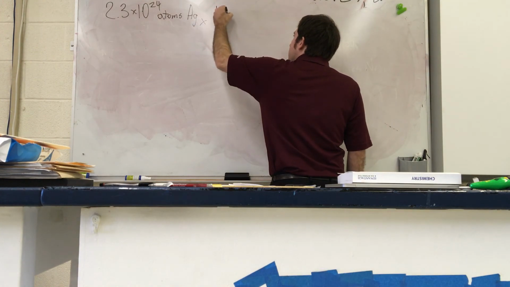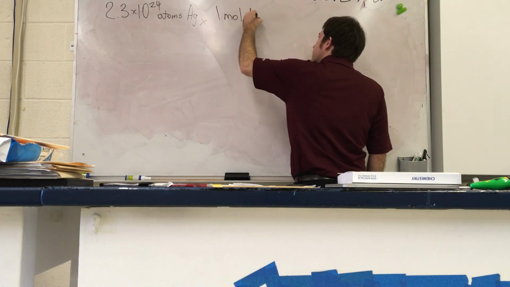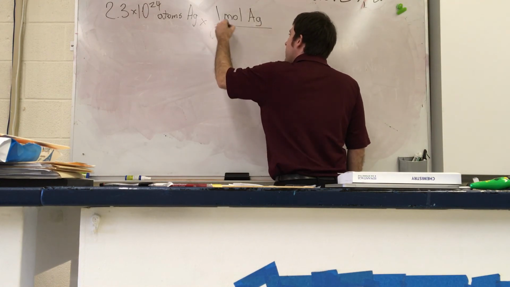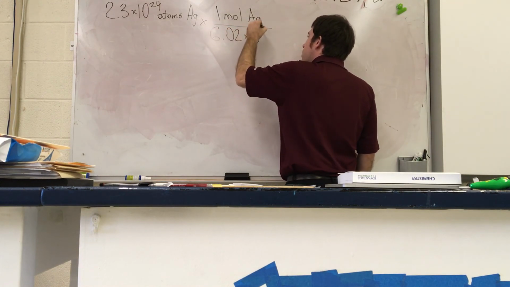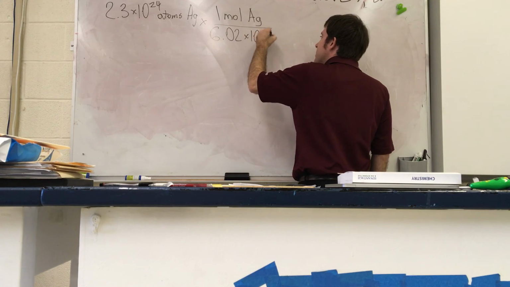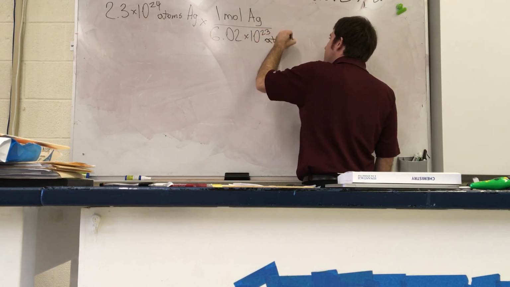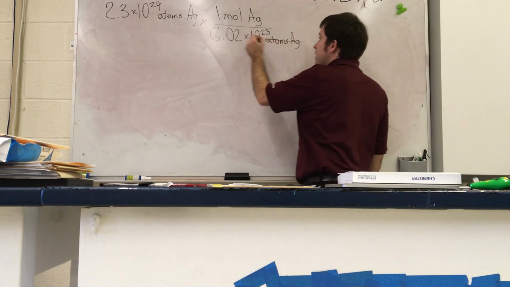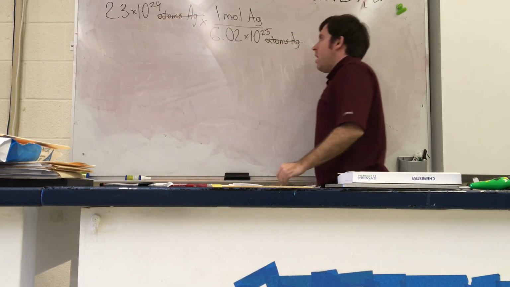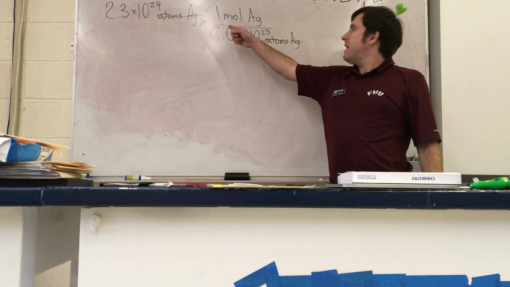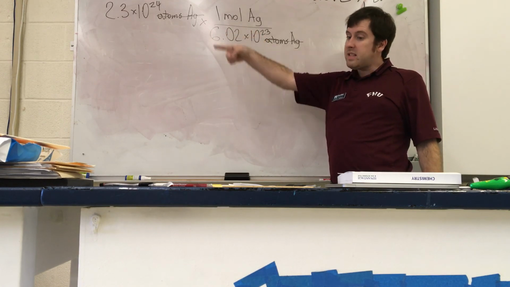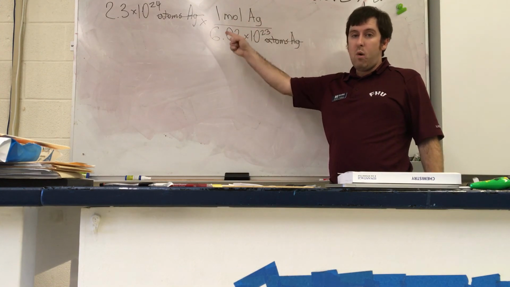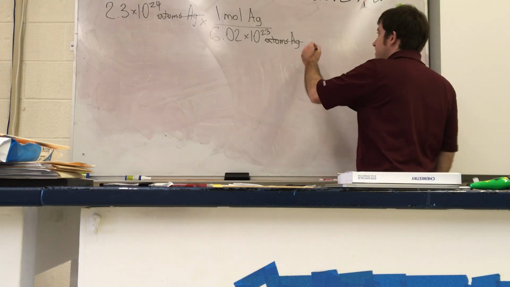So, 1 mole of silver is the same as 6.02 times 10 to the 23rd atoms of silver. We cancel our silver atoms. What we have left is moles. That's not what it's asking for, though. It's asking for grams.